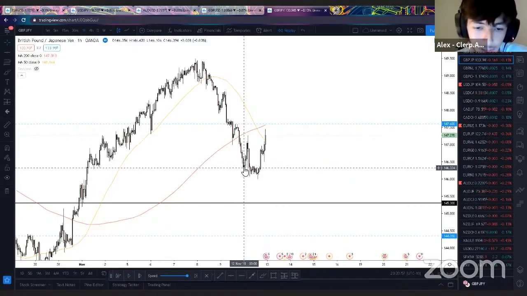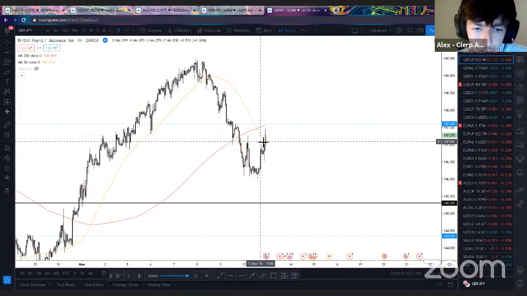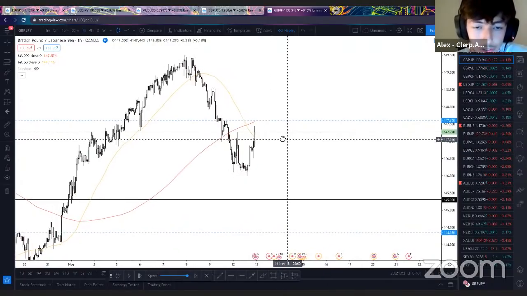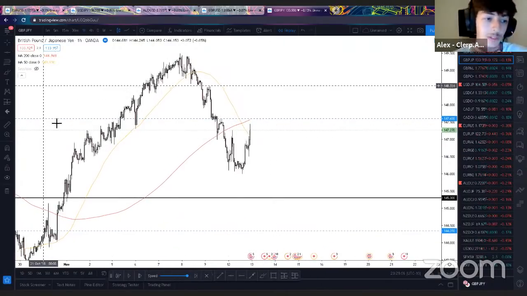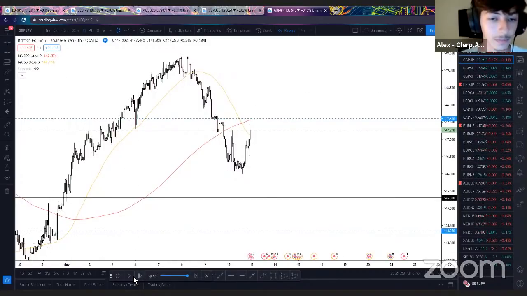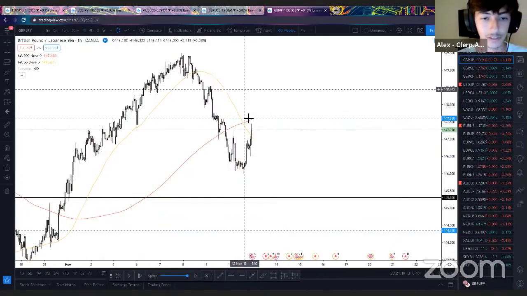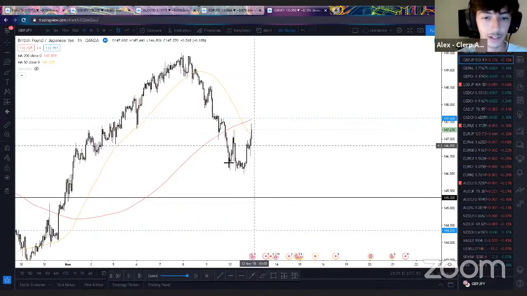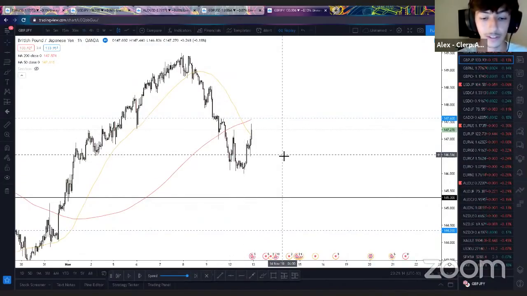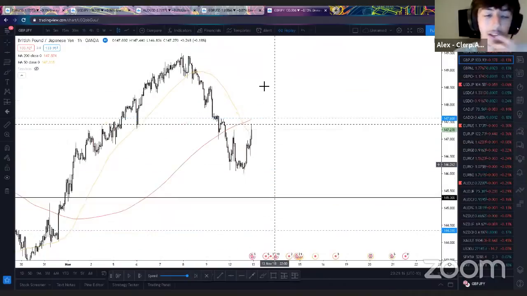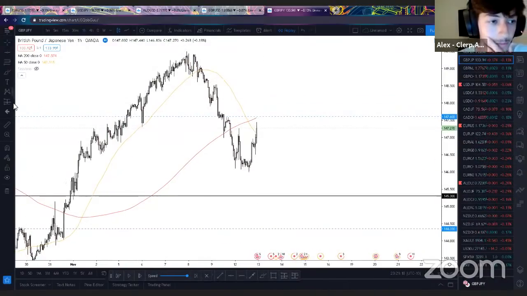Made a lower low, lower high, and now it's coming up, and I'm looking for a retracement. So overall bearish because it broke support. Moving average is down, and the 2 indicators are telling me it's also bearish. So, just waiting for it.